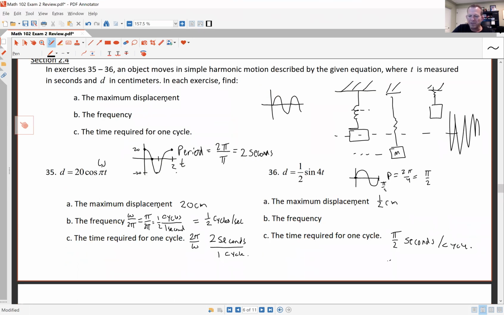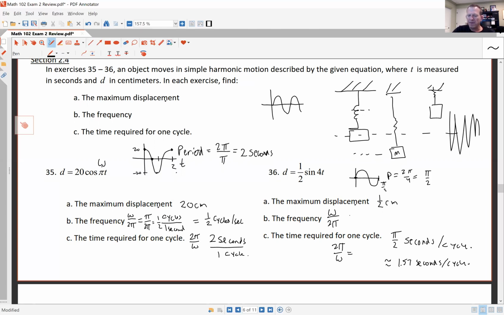Now, if it makes you feel better, you can estimate that at 1.57 seconds per cycle. The frequency, remember this is 2 pi over omega, and this is omega over 2 pi. It's the reciprocal of the time.